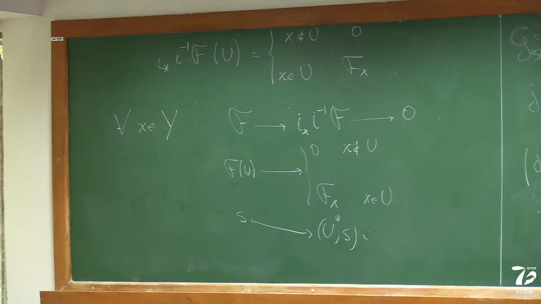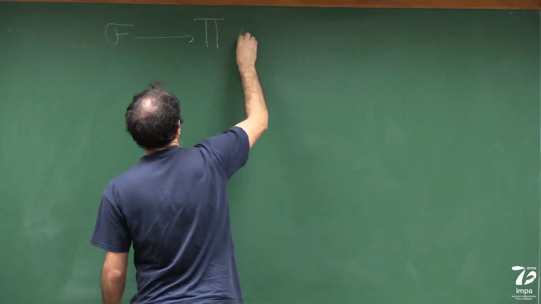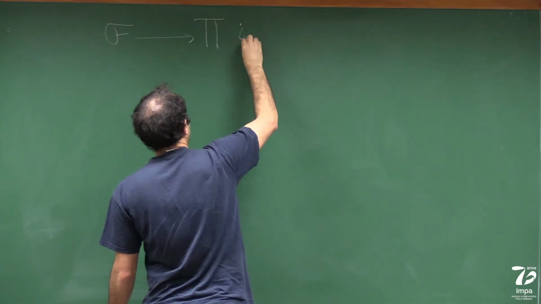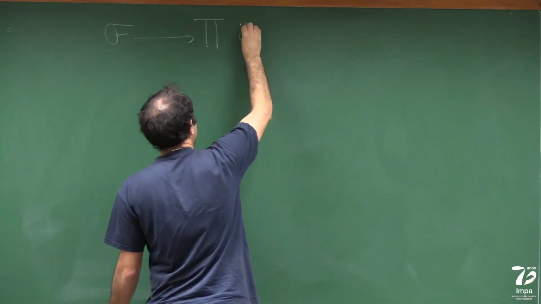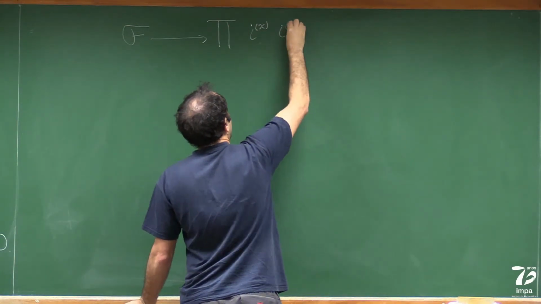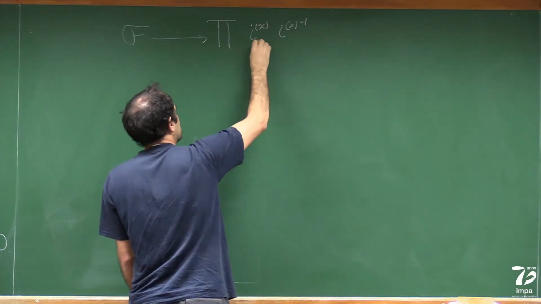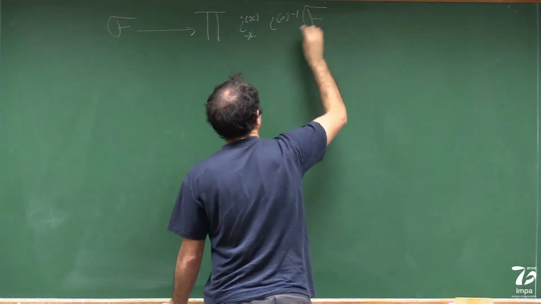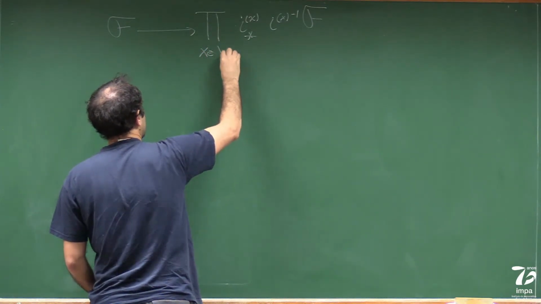So what I can do is look at the product of all of those sheaves. Why? This is going to depend on the point x, so let me write it i_x, the push forward of F_x, and here the push forward of F. This is for every point x in X.